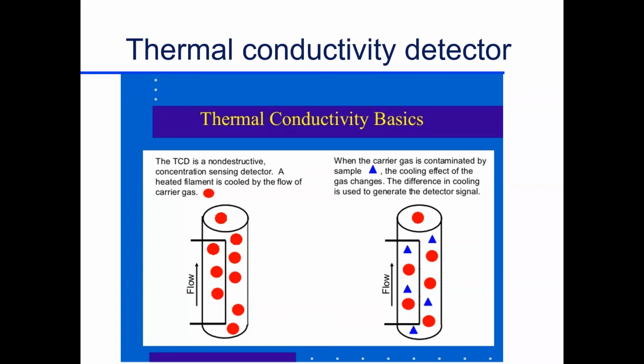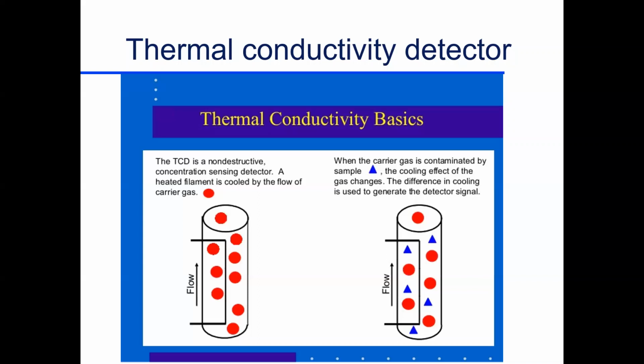And this is kind of an equilibrium. The gas is cooling it, which changes resistance and changes electrical flows. And now if we put an analyte in there, so we've got analyte coming off our column, we don't have just the carrier gas cooling this filament. We have a different gas composition. The different gas will cool this differently. And so we're measuring the difference in cooling of this particular filament here.